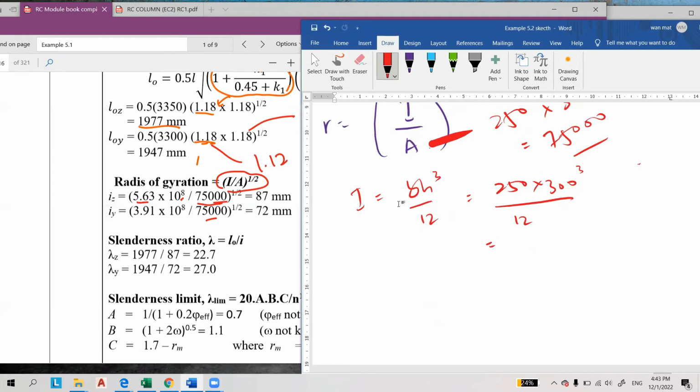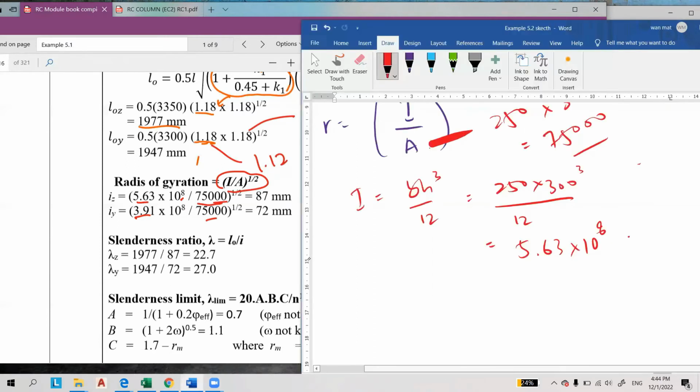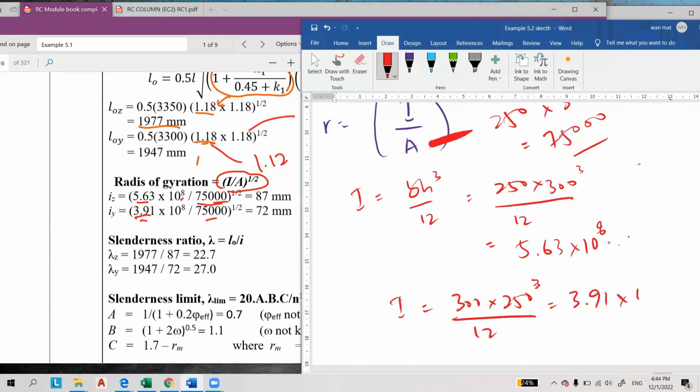So 5.63 times 10. How about this one? Is it also similar? So 3.91, because the I here is equal to 300 times 250 to the power of 3, because of the different directions. So it is a different value, 3.91 times 10. Okay, so this one is okay.